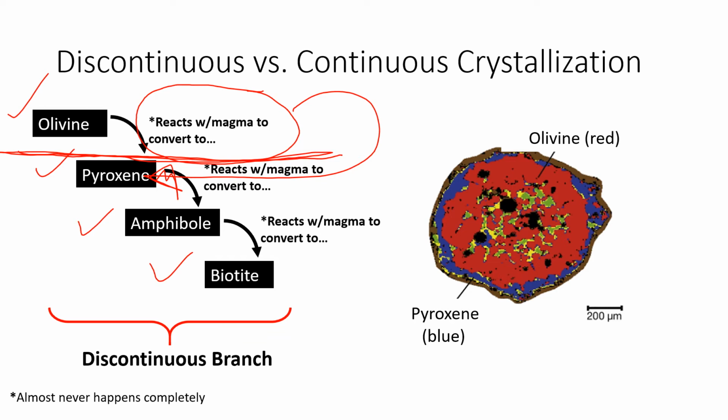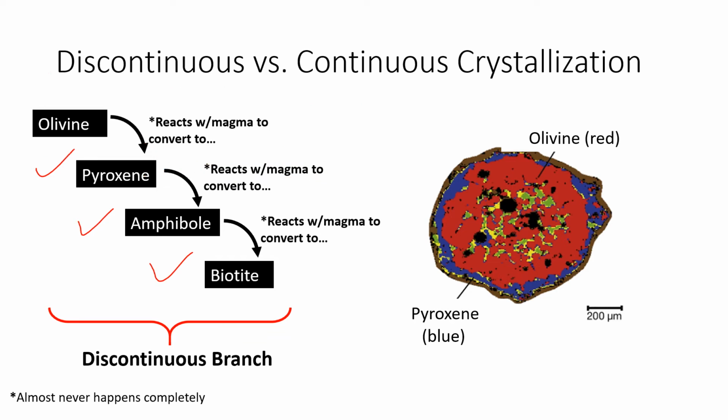So, for example, when pyroxene gets down below a certain temperature, the pyroxene that's already formed will react back with the magma to begin to convert itself into amphibole. And likewise, the amphibole at a low enough temperature will react with the magma to begin to convert itself into biotite.